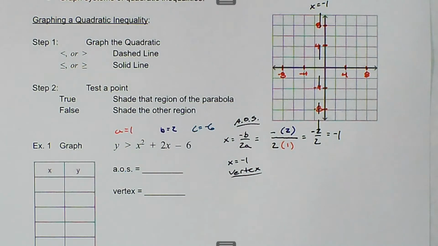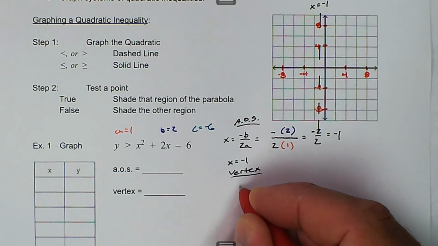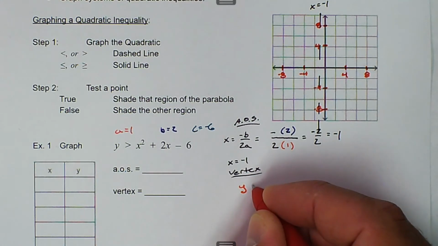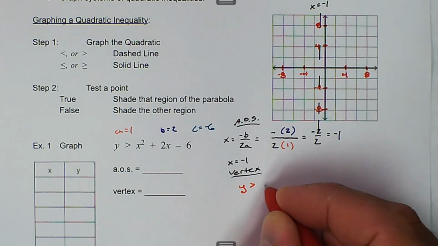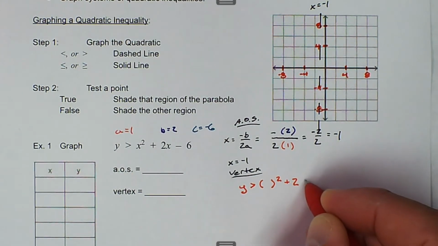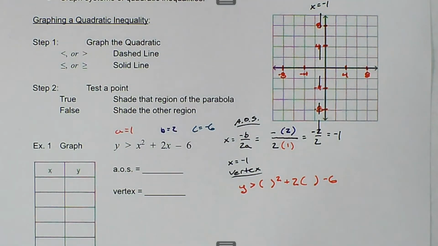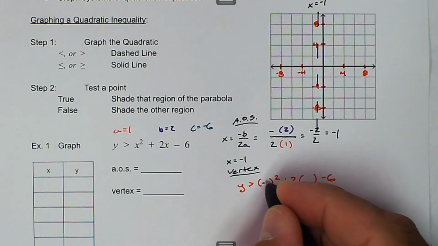We use our equation, y greater than x squared plus 2x minus 6, and substitute in the negative 1 for x.